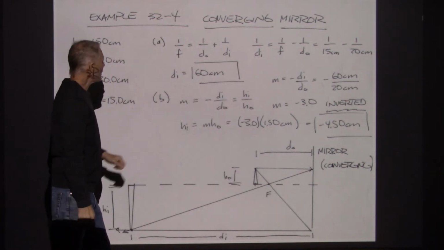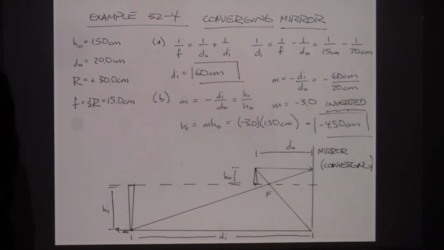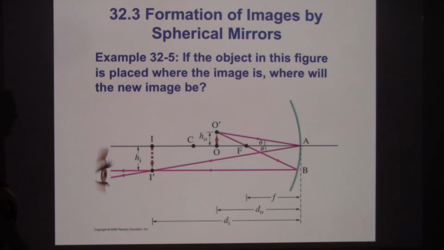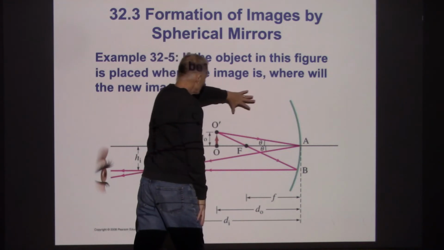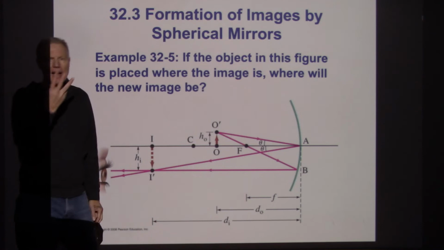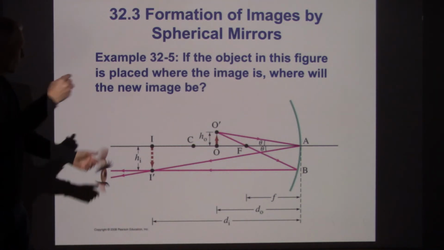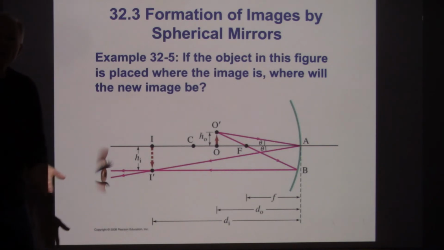Now, what's going to be different is the magnification. Going from the shorter DO to the longer DI, that gave me a factor of 3. When I reverse the positions, it's going to shrink the image.